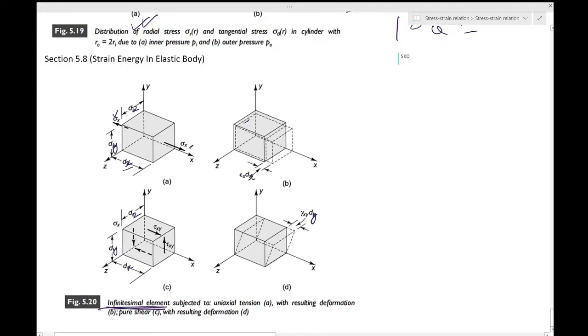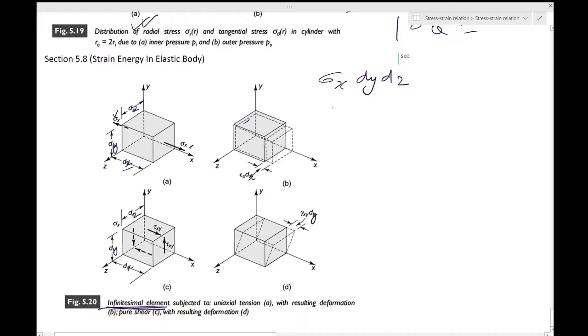Now the elastic energy stored in such an element is commonly called strain energy. In this case which you are considering, what is the force? The force is sigma x dy dz. Dy dz is the area, so this is the force acting on the positive x face, and it does work on the element as it undergoes an elongation.